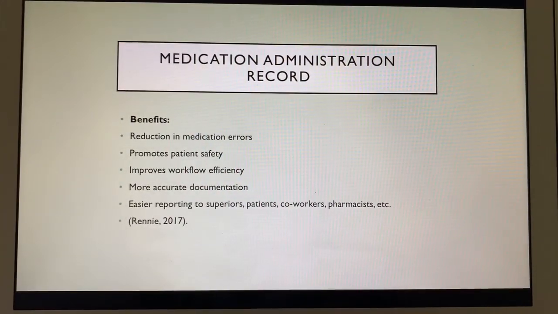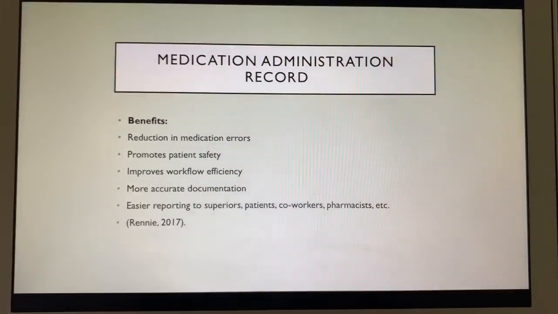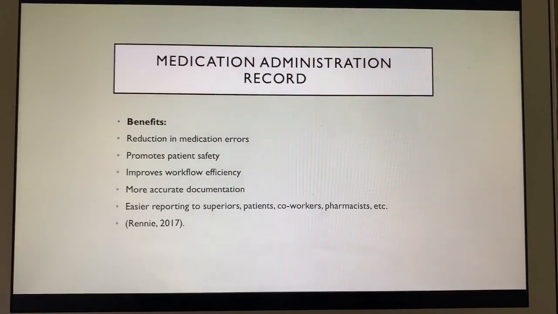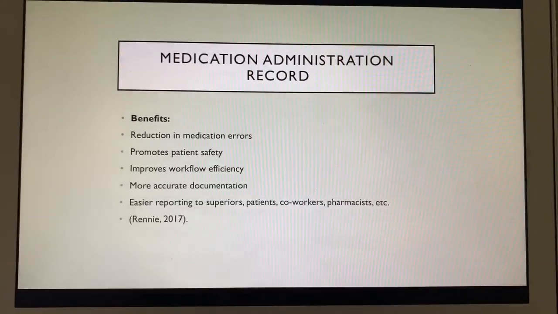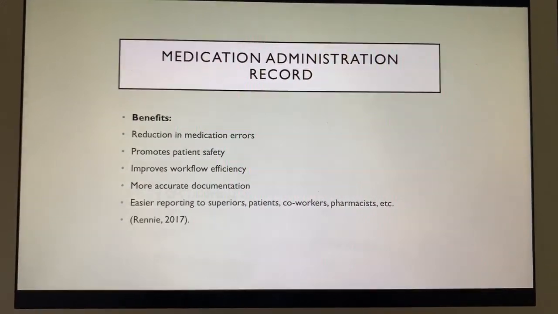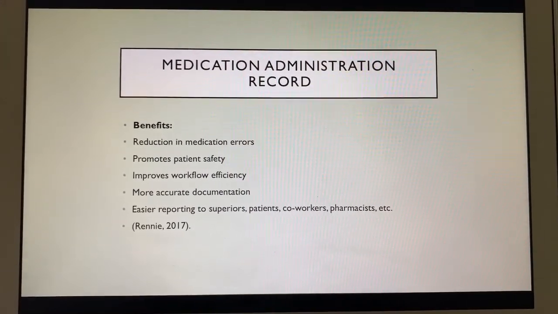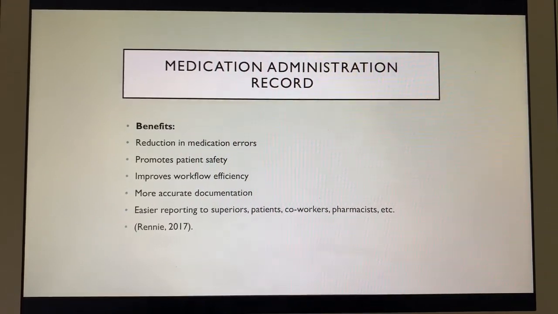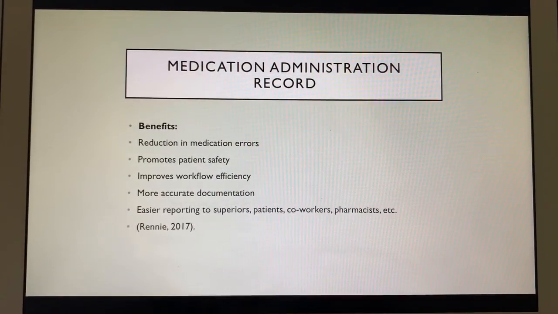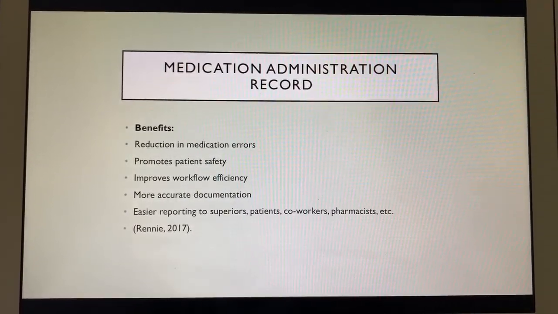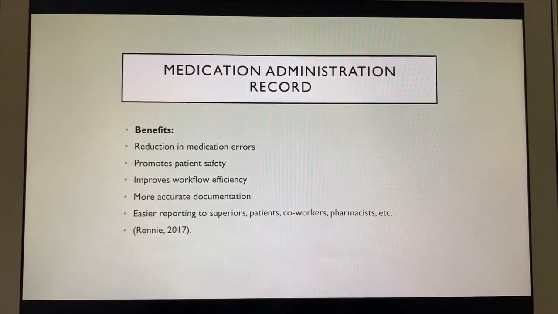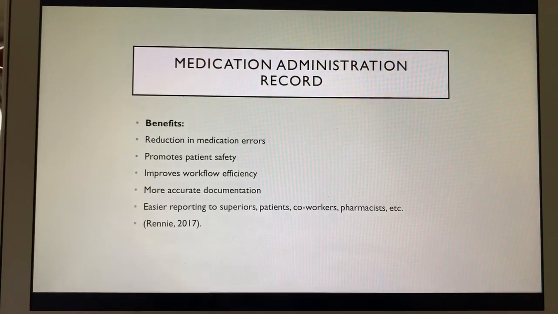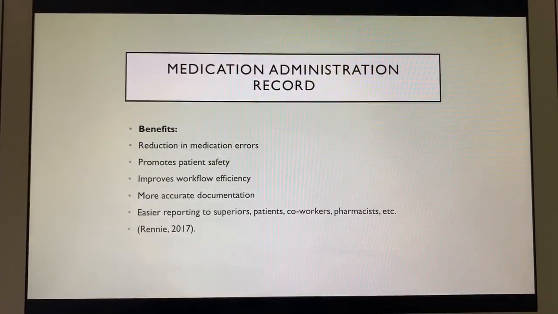So a lot of people are on pain medications, and we can look back to see when the pain medication was last given, who gave it, what dose they gave, and then we can figure out when we are able to give that medication again, because it is so important to make sure you're not giving pain medications earlier than they were supposed to be due again, because we don't want to overdose our patients.